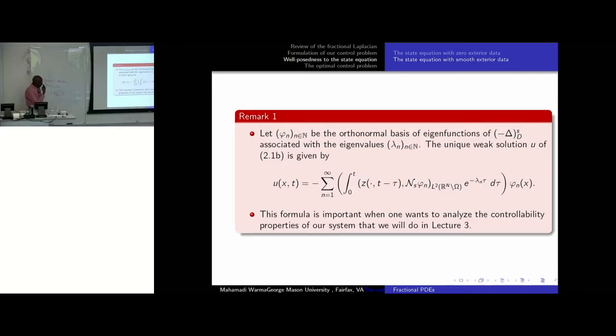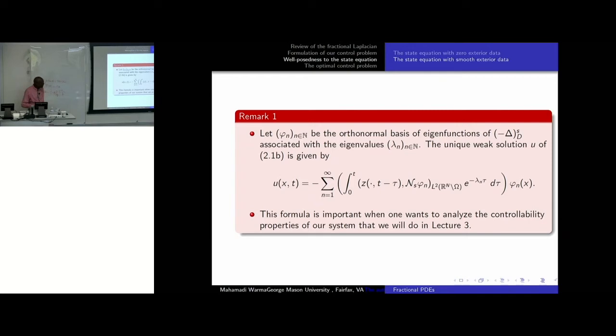But here it's nice because we can also give an explicit formula of the solution in terms of the eigenvalues and the eigenfunctions of the operator that we have defined. Let lambda n and phi n be the eigenvalue of the realization of the fractional Laplacian with zero Dirichlet exterior condition, and phi n the associated normalized eigenfunction. Then the solution of the Dirichlet problem that we have is given by this series.